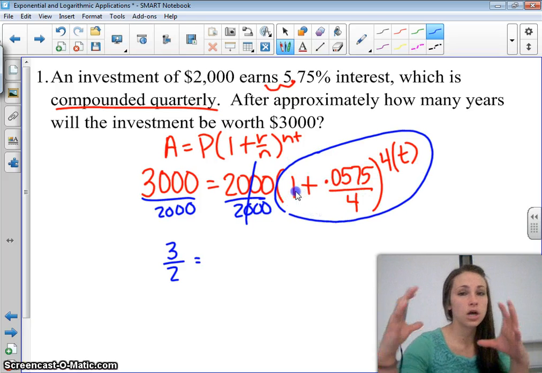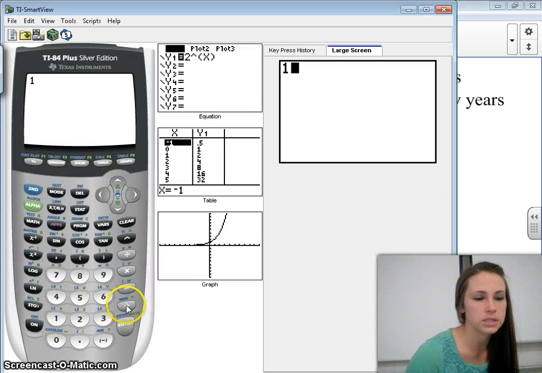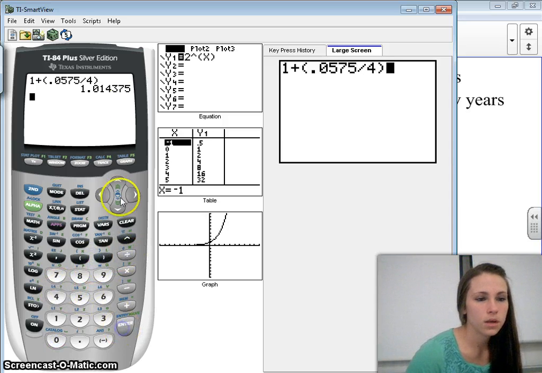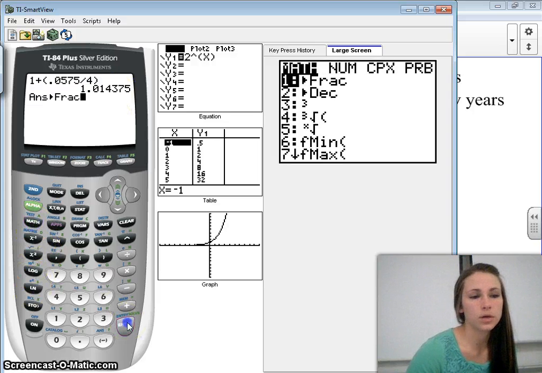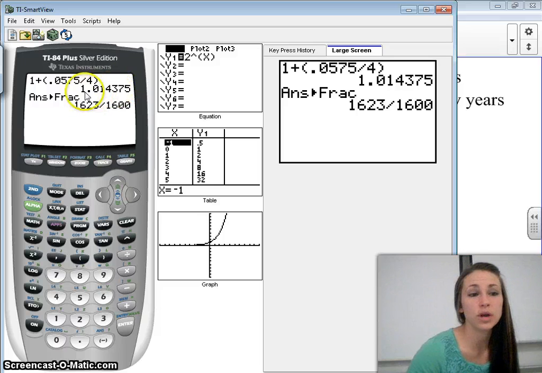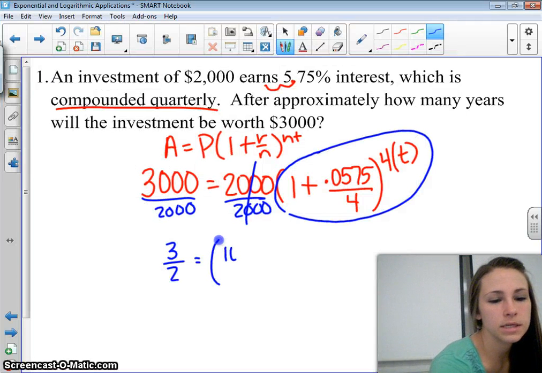Since it's all in the parentheses there, I'm going to plug this in: 1 plus 0.0575 divided by 4. And I could leave it like that, but I want this to be as accurate as possible. I'm going to change it into a fraction, and you can choose to write either all of these decimals down or this fraction down. I'm going to write the fraction. So that is 1623 over 1600, and that's raised to the 4t.